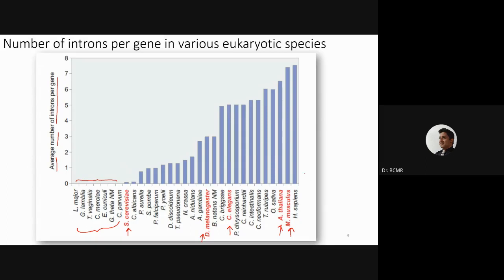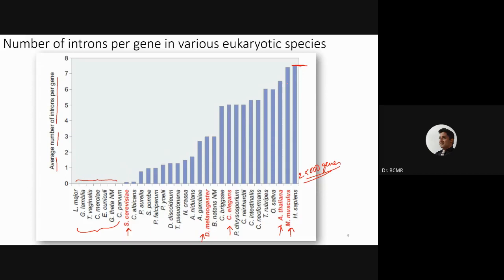We have approximately 25,000 genes in the human genome, and on average each gene has about 7 introns. The size of the introns could be huge.